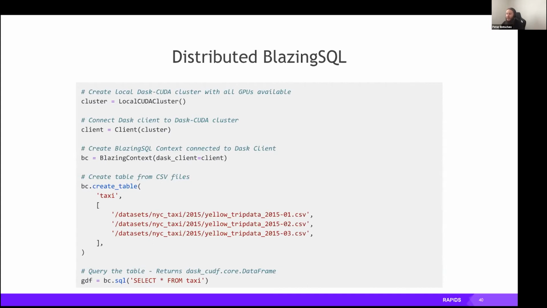Still in this example, we ingest multiple local CSV files and create another table named taxi, and finally execute a SQL query on that. Note that in this case, the returned object is a Dask cuDF data frame. So this is similar to a pandas-backed Dask data frame, where the data is distributed among all of Dask's many workers.